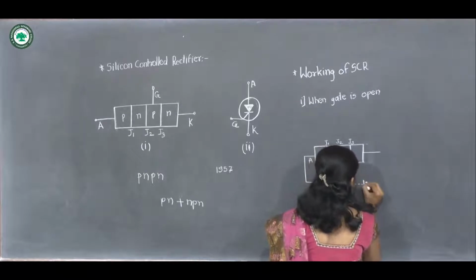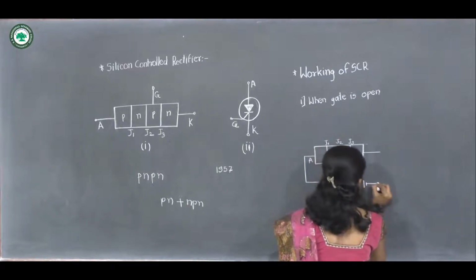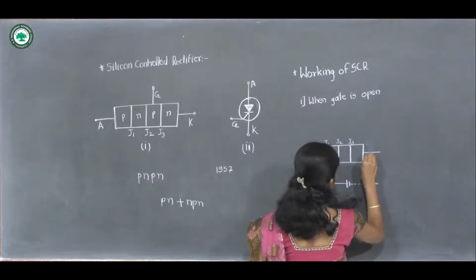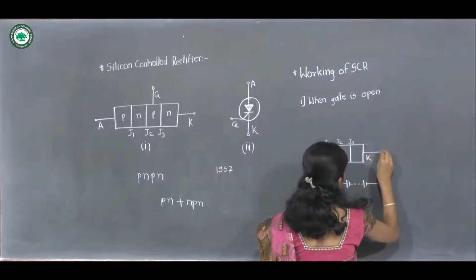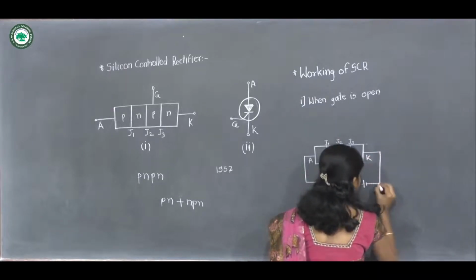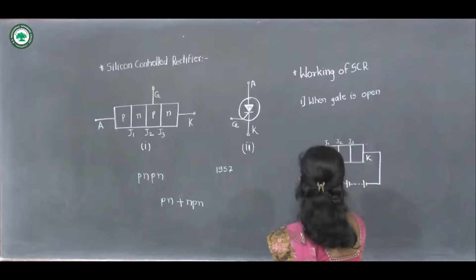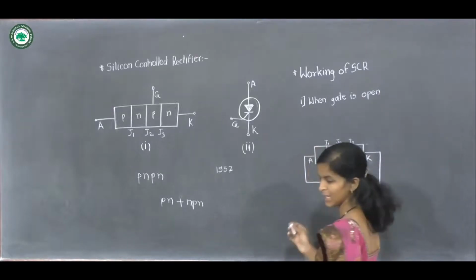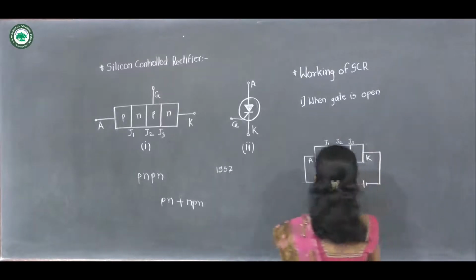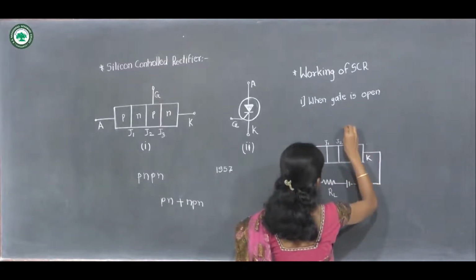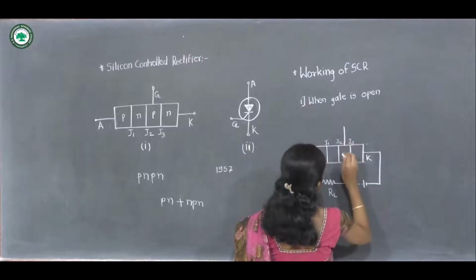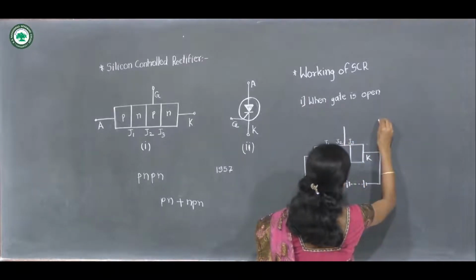And the negative terminal of the battery is connected to cathode terminal. And as in this case the gate terminal is open, so there is no voltage applied across gate and the cathode.